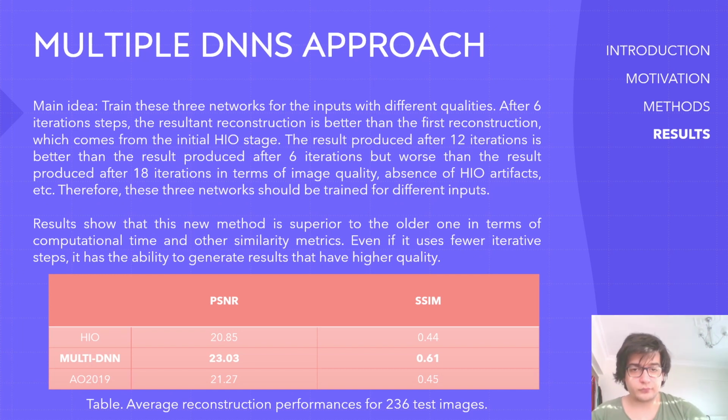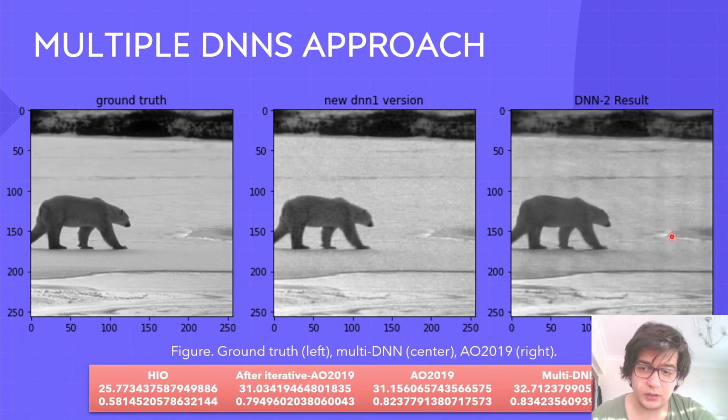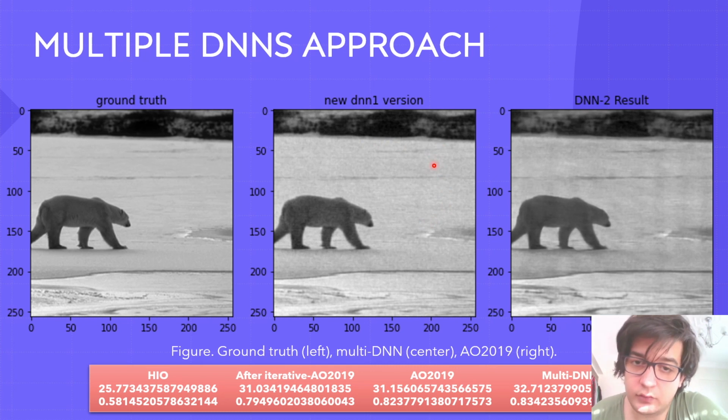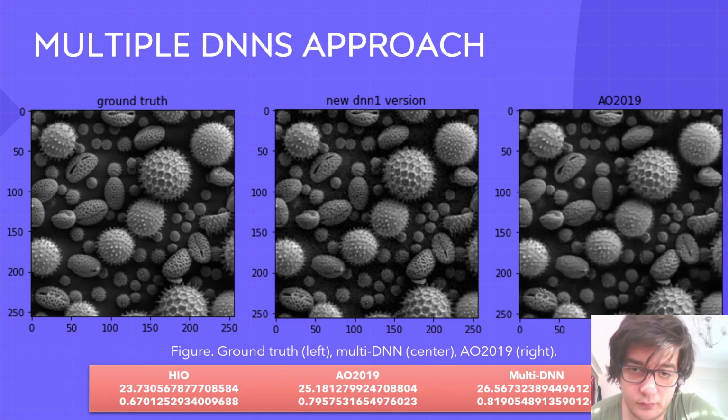And the results show that the new multiple DNN approach is superior to the applied optics method, as you can see from this table. And we can see it visually. As you can see, this is the result for the multiple DNN approach, and this is the result for the applied optics method. And we can see it from this image also.